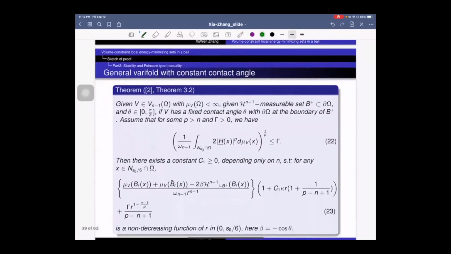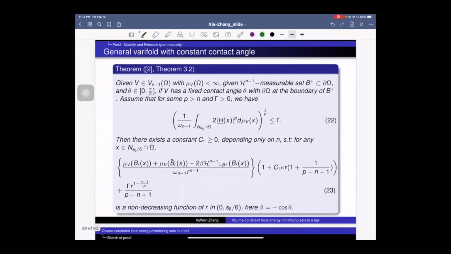And for such a varifold, we have the monotonicity formula. If the generalized mean curvature is in L^p near the tubular neighborhood of omega, then such a monotonicity formula holds.